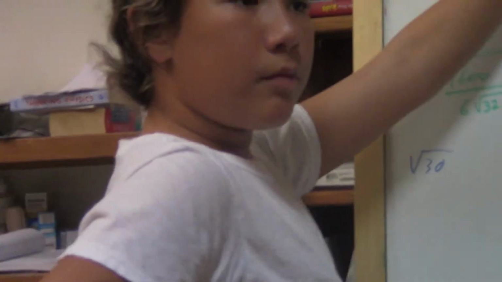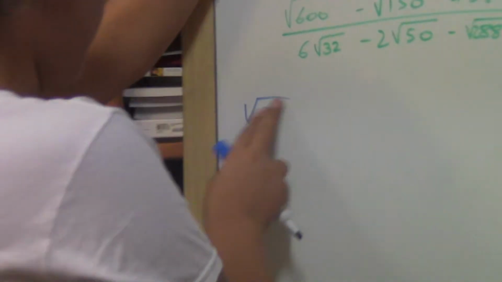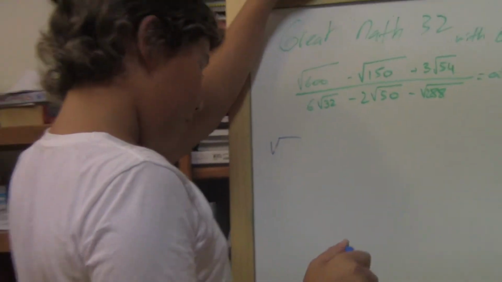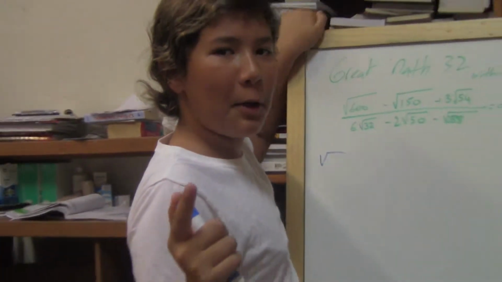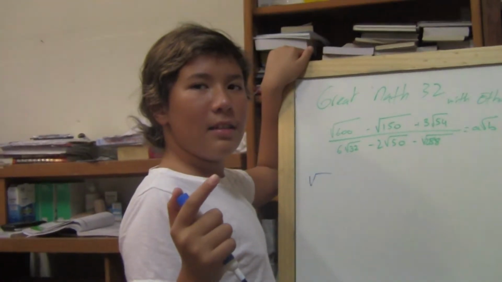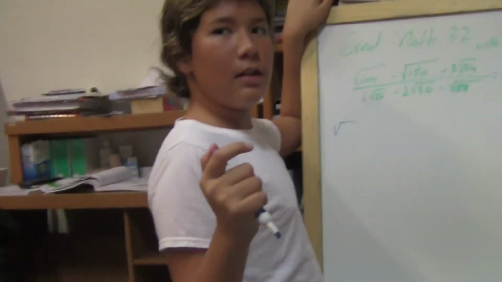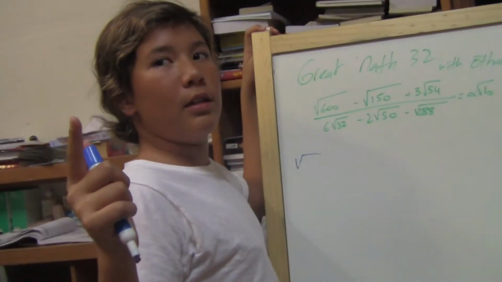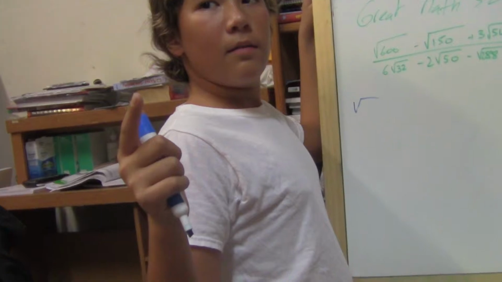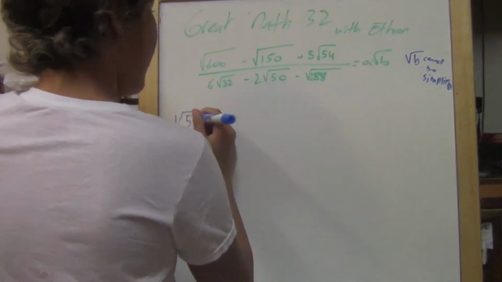Oh wait. Technical difficulties. Alright, temporary cameraman, can you give me an example quickly? Just give me a random number. 45. That's not a perfect square. 25? 50. Good, 50.